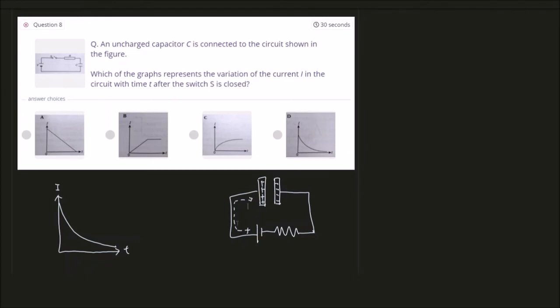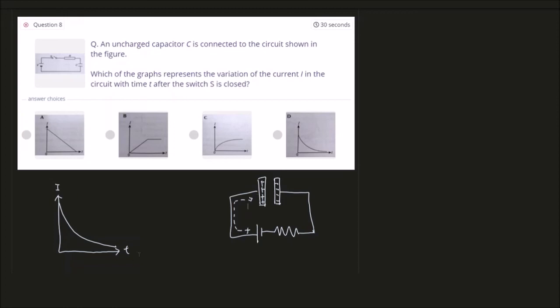So if it gets harder and harder to move a charge over to the positive plate, less and less charge will be moving in the circuit. So when there's less and less charge moving in the circuit, reasonably you can say that the current is decreasing. That's the process for the charging circuit.